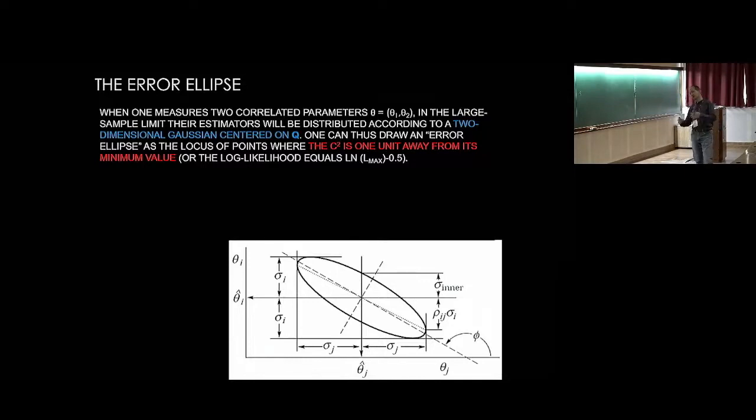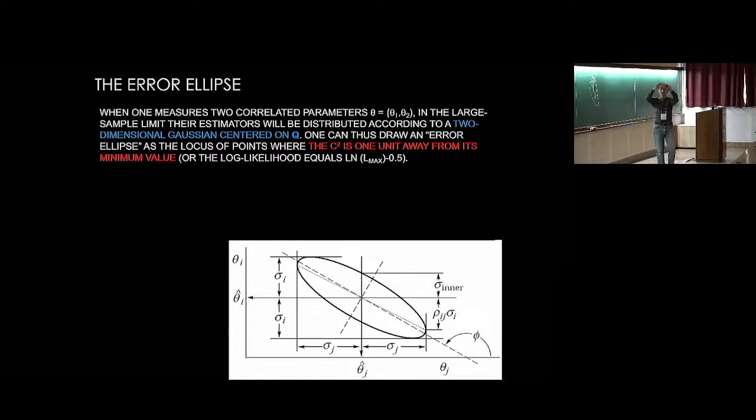So we can discuss this in abstract by saying that we have large data sets, and the estimators distribute according to a 2-dimensional Gaussian distribution, which you should imagine here. I cannot do it on a PowerPoint slide, but you should imagine this to be a Gaussian distribution, okay? All right, in 3 dimensions.